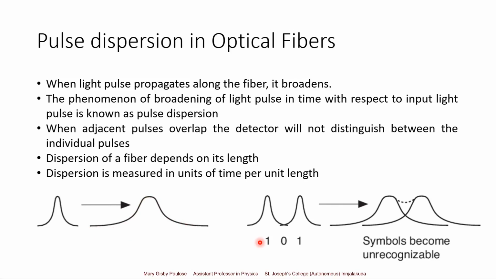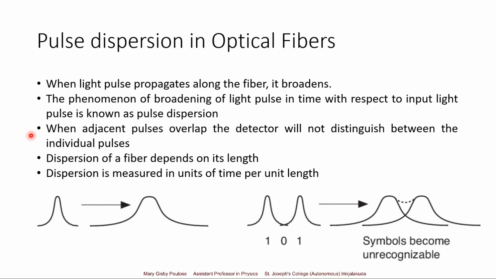So if we have a signal 1, 0, 1, represented as light on, off, on, after transmitting over 1 kilometer through the fiber, it will spread, and here, due to the spreading, we won't be able to understand the 0 bit in it.